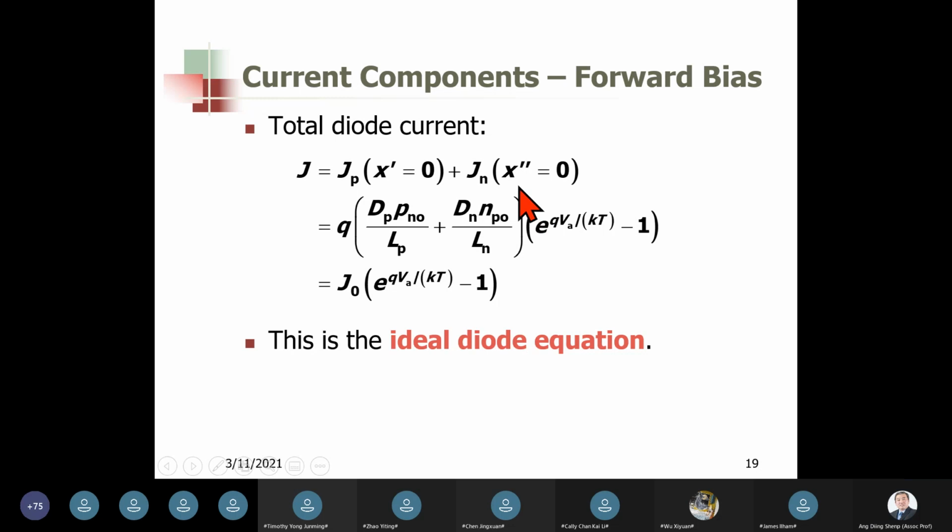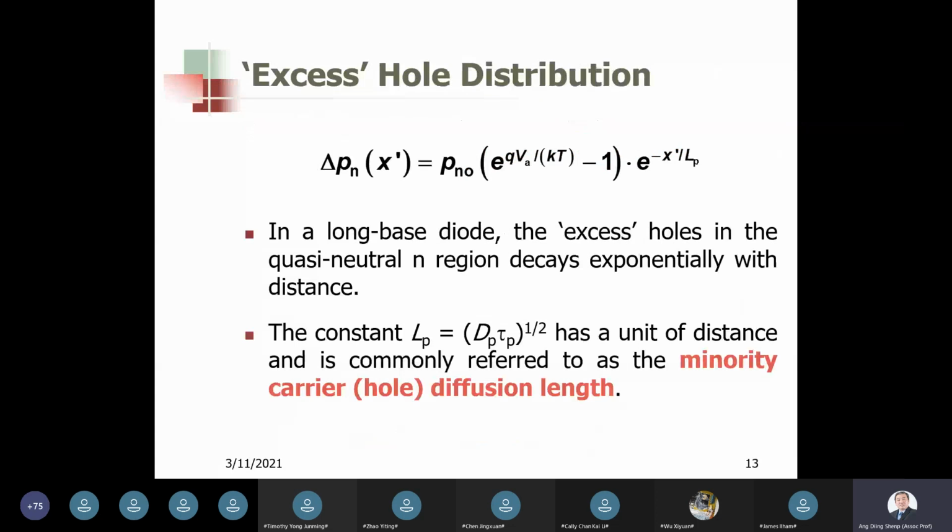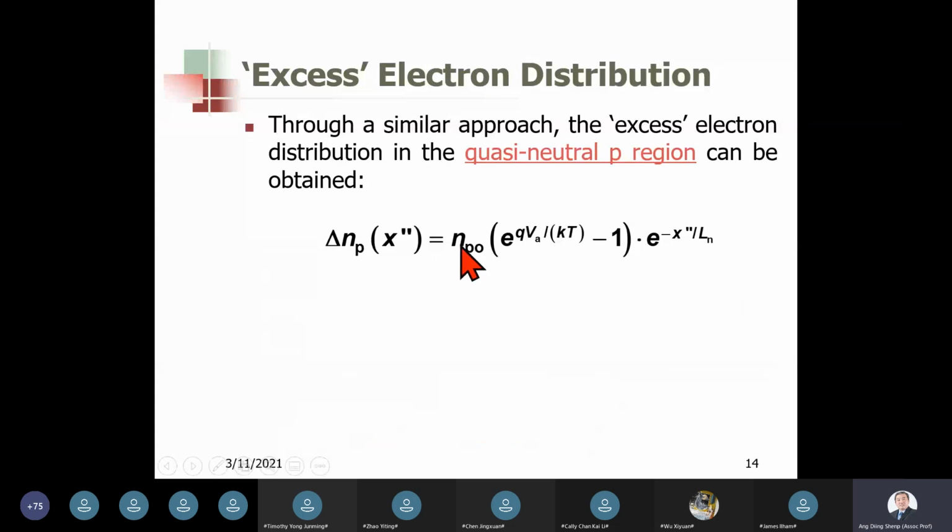Now, to really complete the discussion, there is still one remaining question to answer. What about reverse bias? Since we have been talking only about forward bias, what about reverse bias? Now, the same equation applies under reverse bias, okay? Because during the solving of the continuity equation, we did not specifically assume whether the PN junction is under forward or reverse bias.